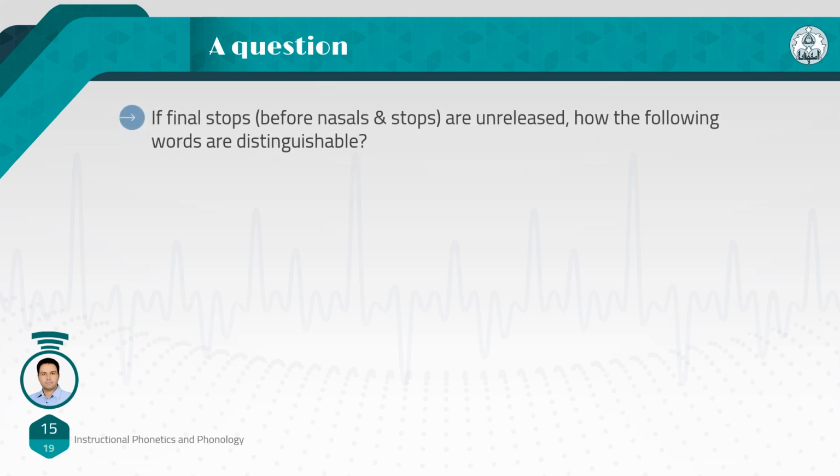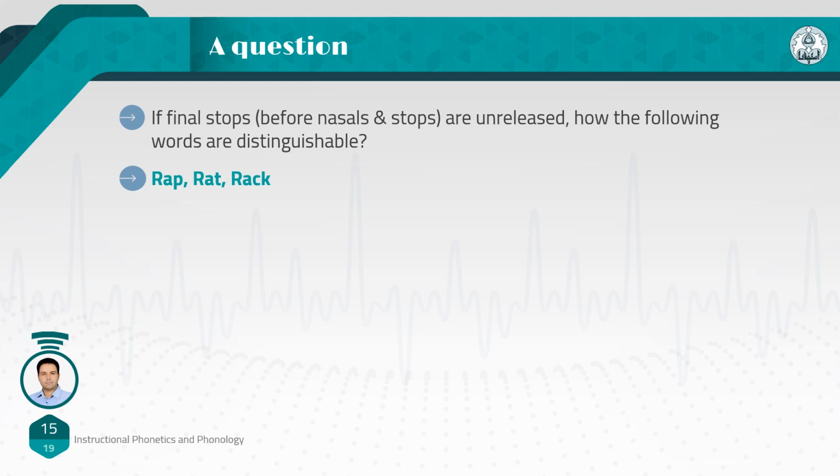Here is a question. If final stops before nasals and stops are unreleased, how are the following words distinguishable? Words like rap, rat, and rack. We say that p, t, and k are not released when they are before nasals or stops.